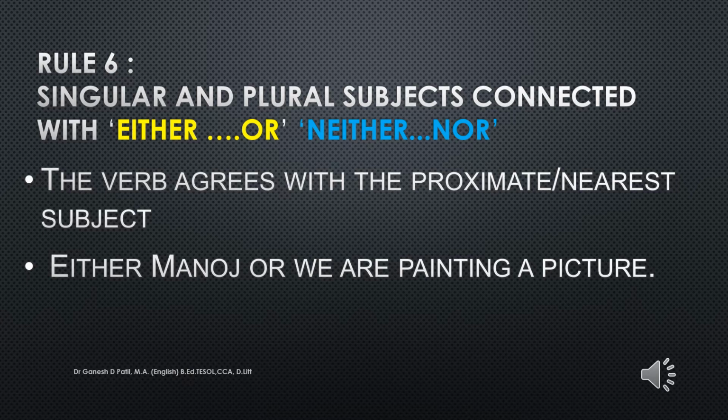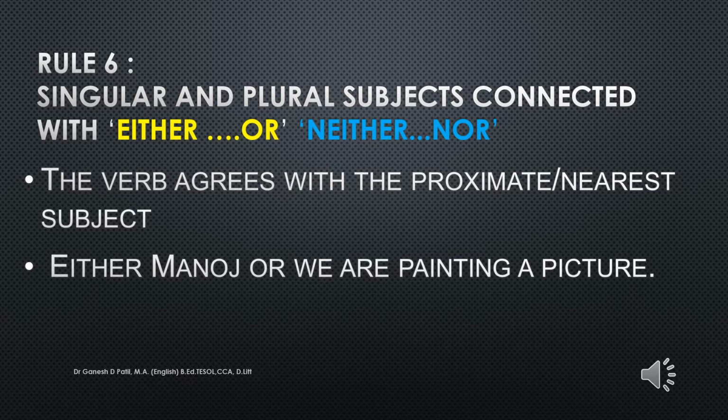Proximity means nearness. So the verb agrees with the nearest subject. If the nearest subject is plural, the verb taken is plural. If the nearest subject is singular, the verb that is taken is singular. Let us see an example.